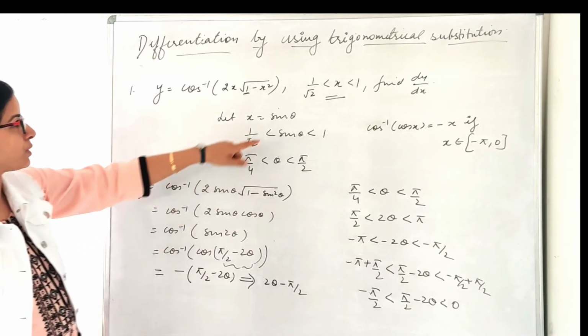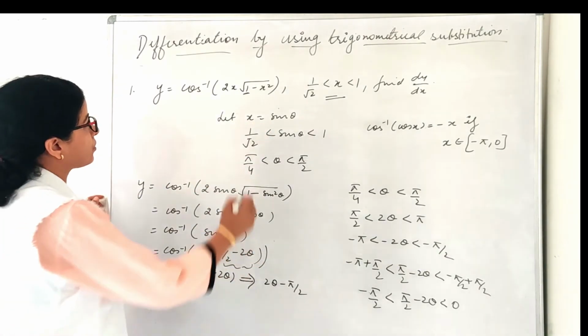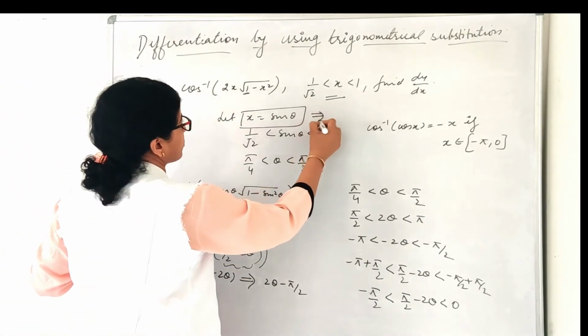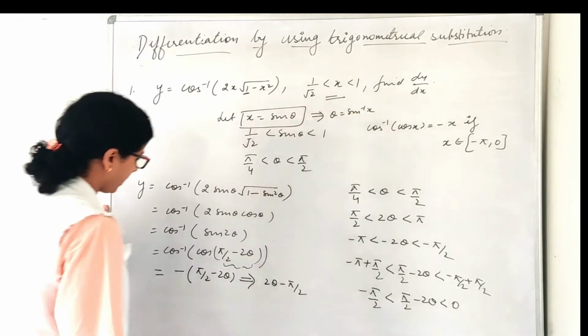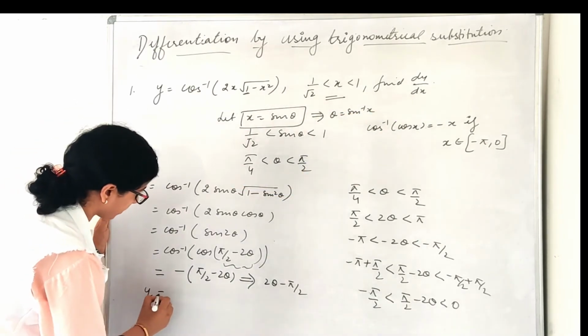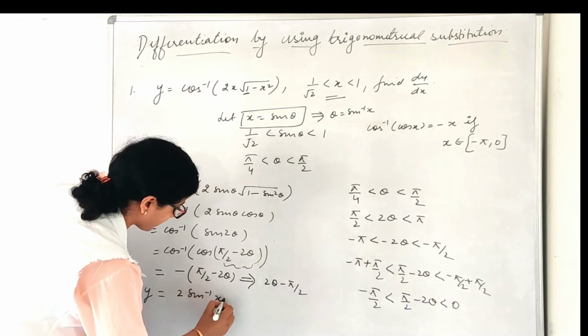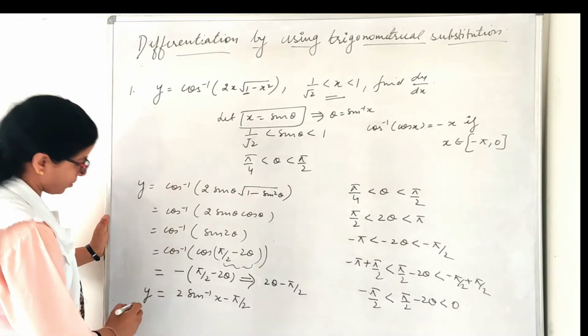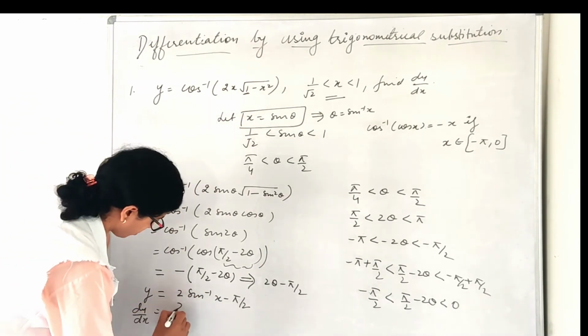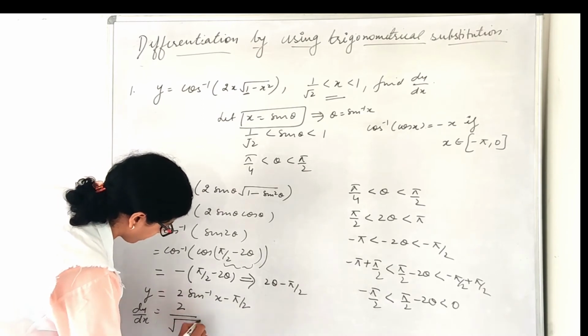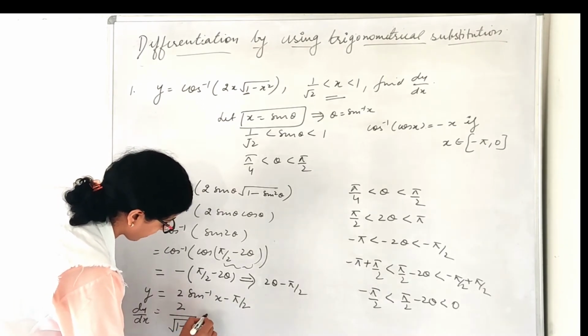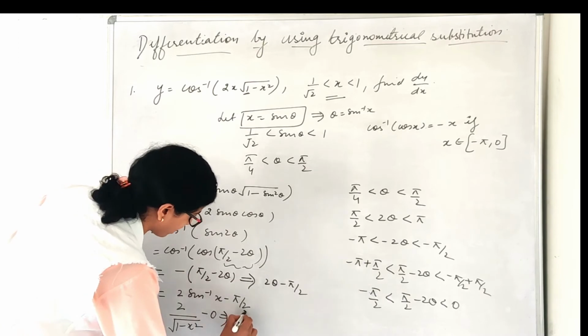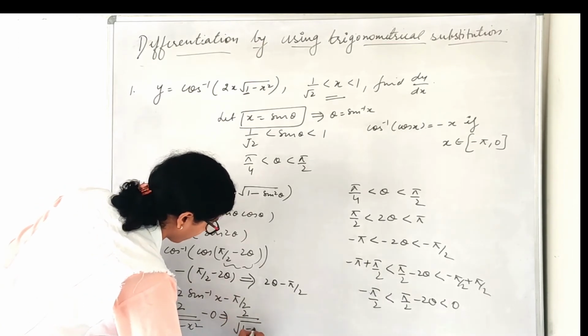Okay, now we'll substitute the value of theta. So from here my theta gives me sine inverse x. Okay, so y is equal to 2 sine inverse x minus pi by 2. So dy by dx will be equal to 2 upon root 1 minus x square minus 0. So required answer is 2 upon under root 1 minus x square.